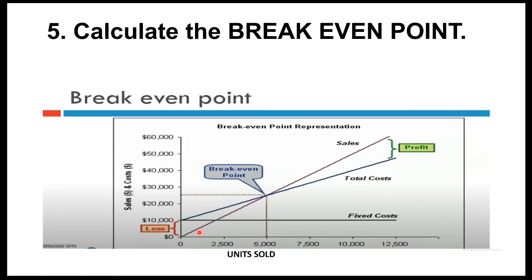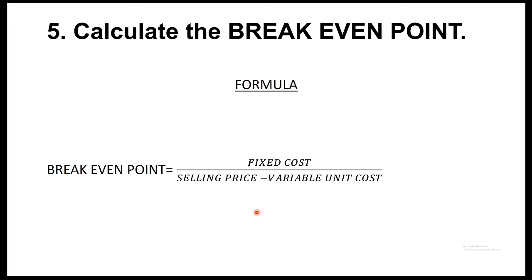So this whole part here is where we make a loss. If we want to calculate the specific point where we break even, we use the fixed cost that never change over selling price minus variable cost per unit. And we will still do an example of this.